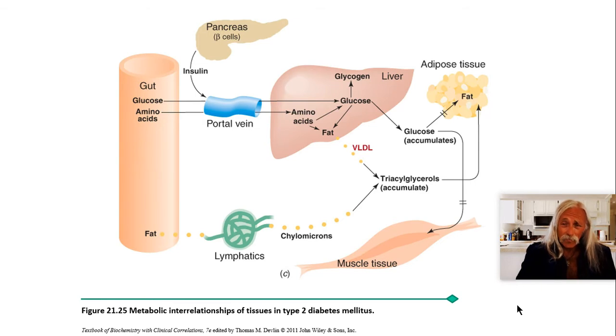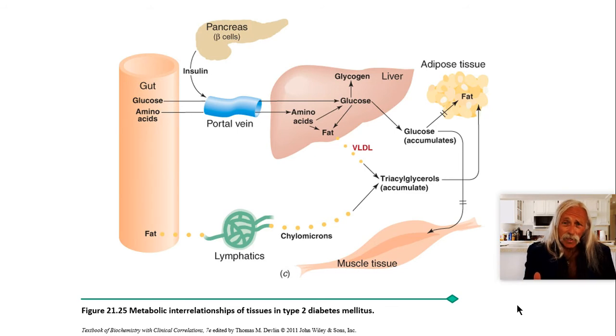It's going to be blocked. So it accumulates and goes back to the muscle tissue. Now you're starting to get heavy doses of glucose in the muscle tissue, which you know is insulin-dependent uptake, and that burns out the insulin receptor. So you get insulin resistance because of the high levels of circulating glucose, because it can't make it to the adipose. And it ultimately gets blocked in the adipose.